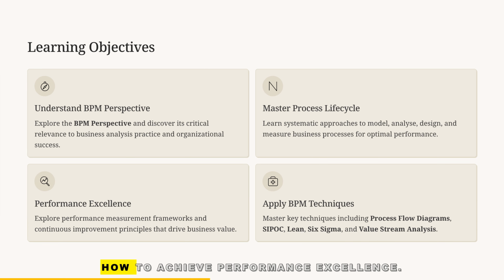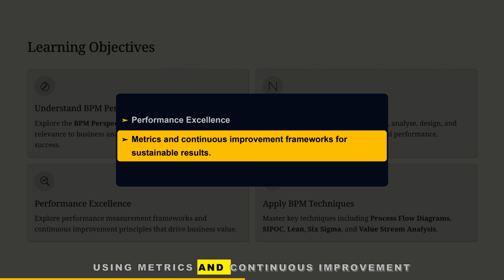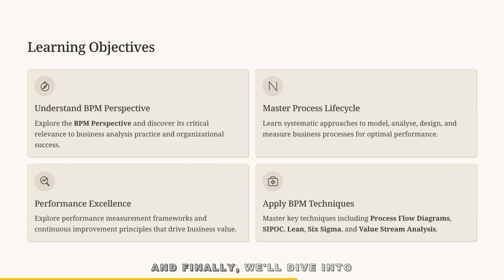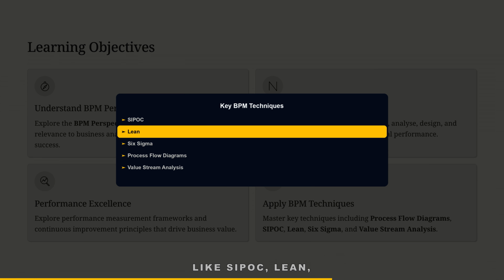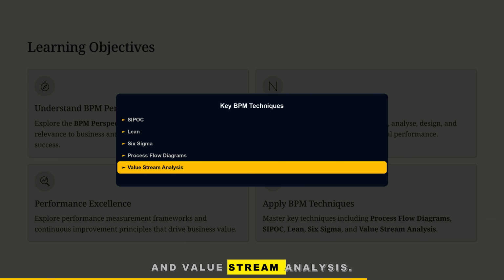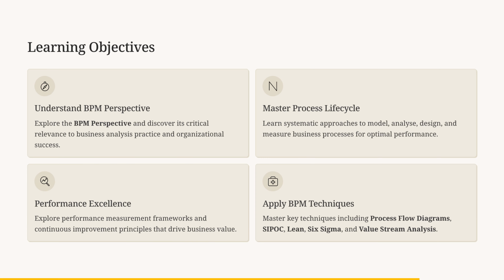You'll also explore how to achieve performance excellence, using metrics and continuous improvement frameworks to make your results visible and sustainable. And finally, we'll dive into key BPM techniques like SIPOC, Lean, Six Sigma, process flow diagrams, and value stream analysis. These are the real tools used by analysts in top-performing organizations.